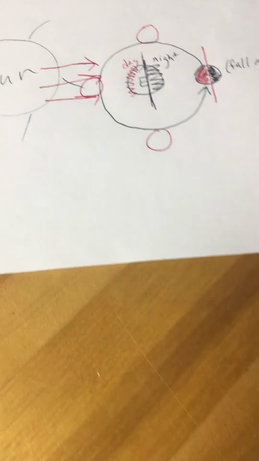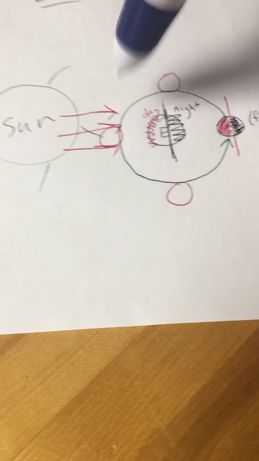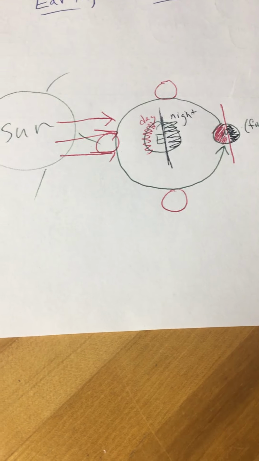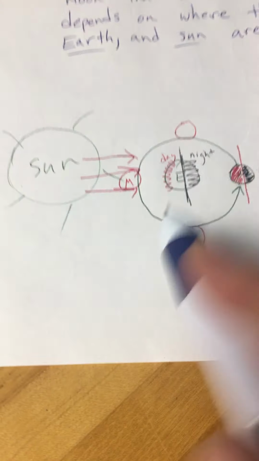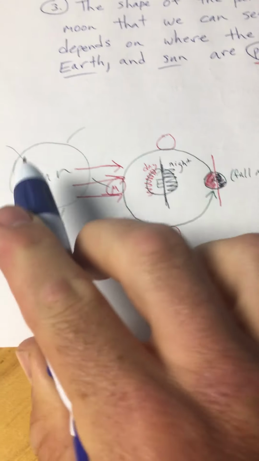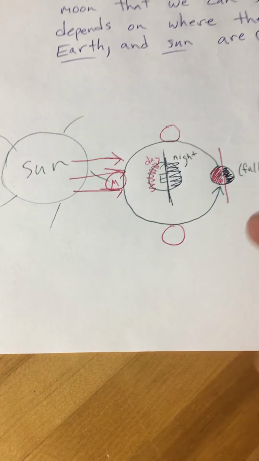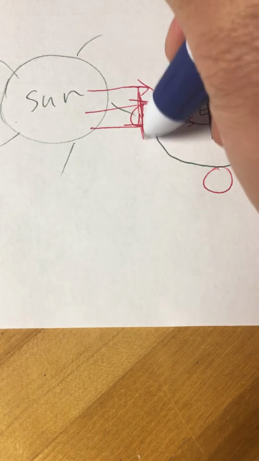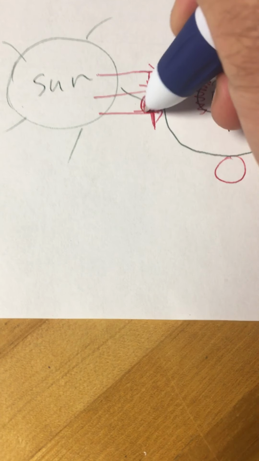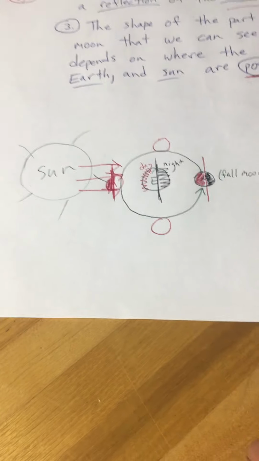And now I'm going to show you this side. These ones in the middle I'll have to show you with the light and the ball in a second. But now here's the moon over here. When the moon is on this side of the Earth, the moon's in between the sun and the Earth. The sun is shining this way. So this part of the moon, closest to the sun, is lit up.